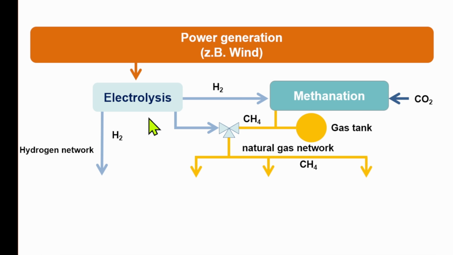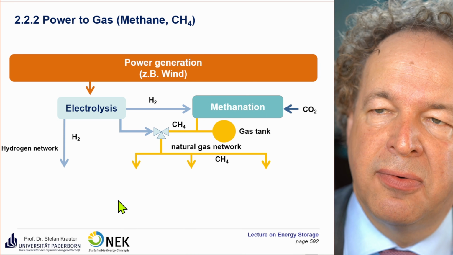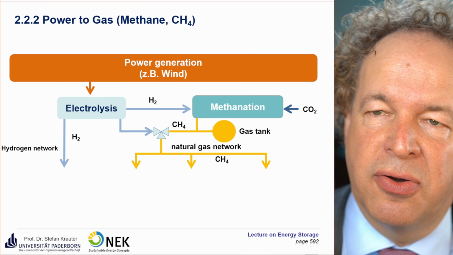We create hydrogen, and together with carbon dioxide in the so-called methanization process, we form CH4, methane. There's a huge network already existing for natural gas. We can use the tanks, we can use the pipelines, so we don't have any additional investment costs on that side.